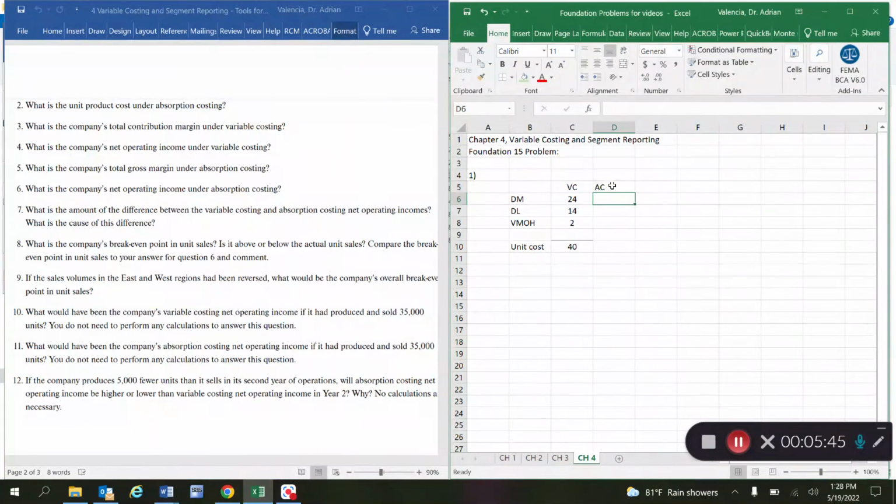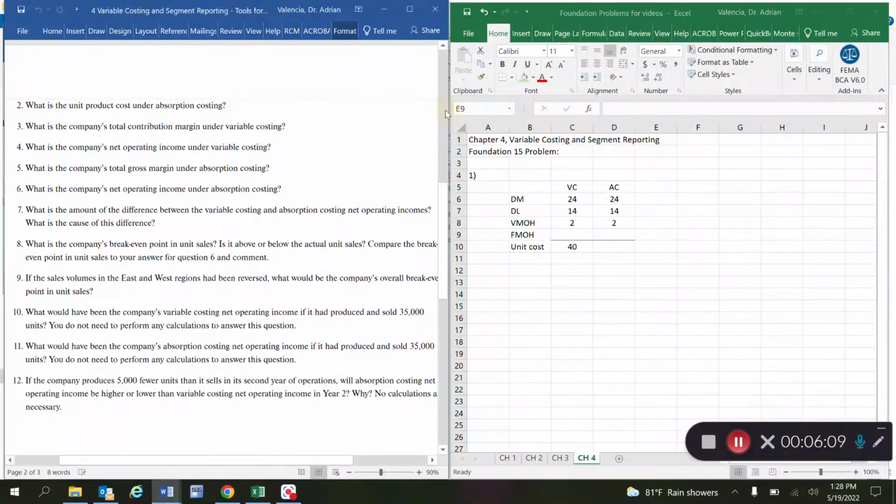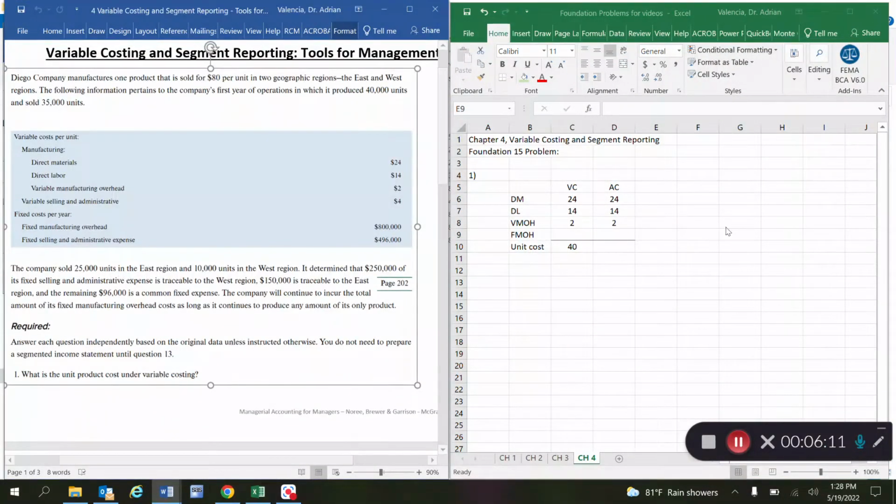So let's go ahead and do that. Under absorption costing, let me center all this stuff right here. We will still have the 24, the 14 and the 2. But now we include fixed manufacturing overhead, okay? We don't have any information as to how they're applying overhead, but we do know that the total fixed manufacturing overhead was $800,000.